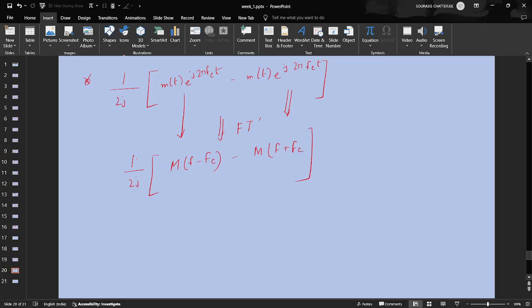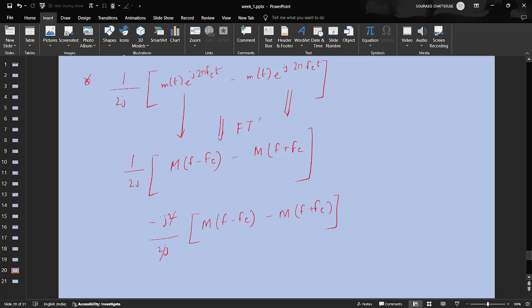Now in the numerator it's 1, so that can be written as minus j square. J square is minus 1, minus j square is 1. Now we have 2j below, we cancel out, so it will be M(f minus fc) minus M(f plus fc), and let's see which of the answers matches.